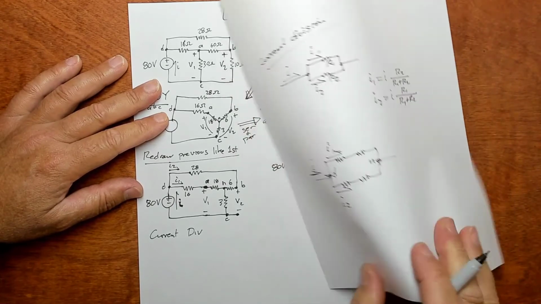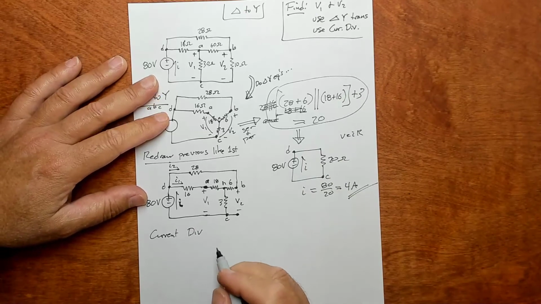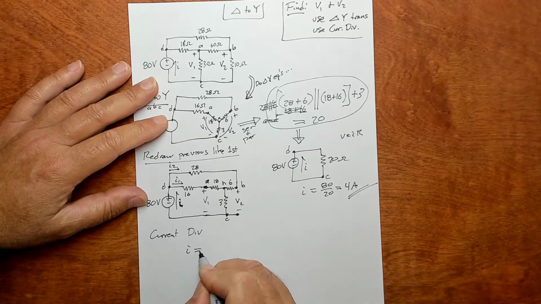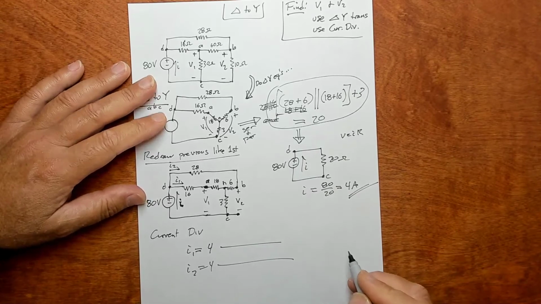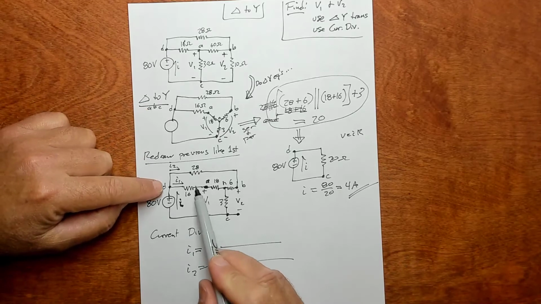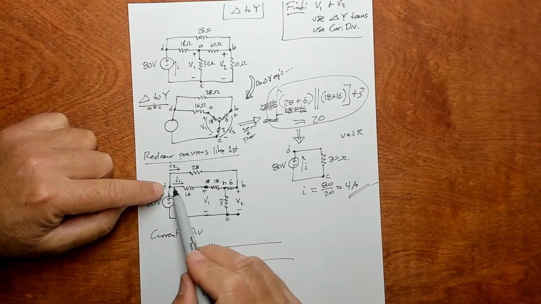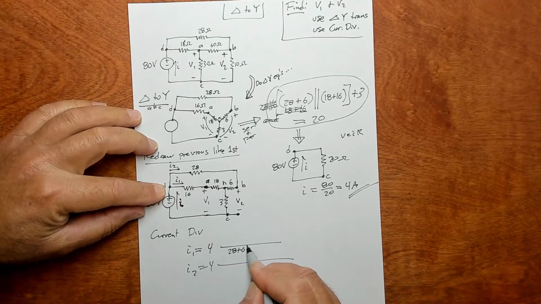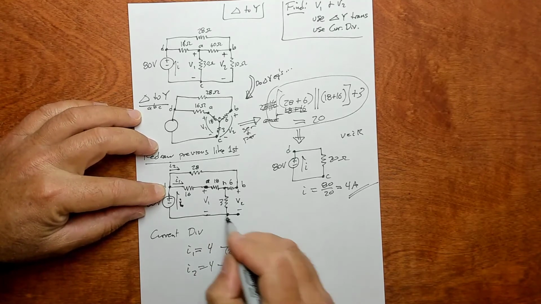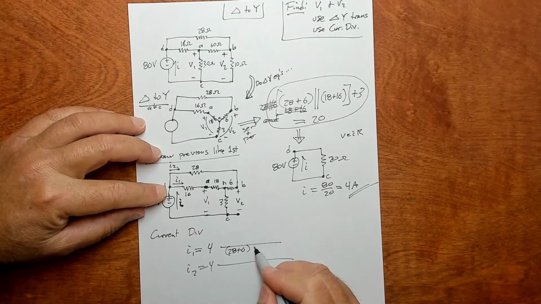So what does that look like in math? Well, I1 is the 4 amps split by something, and I2 is the 4 amps split by something. And what are they split by? One branch has 28 plus 6, and the other branch has 16 and 18.